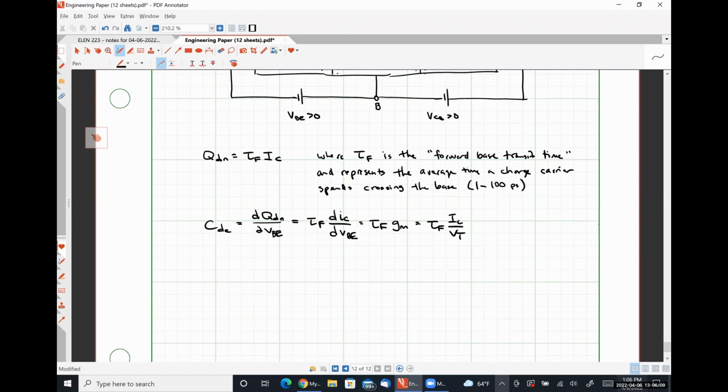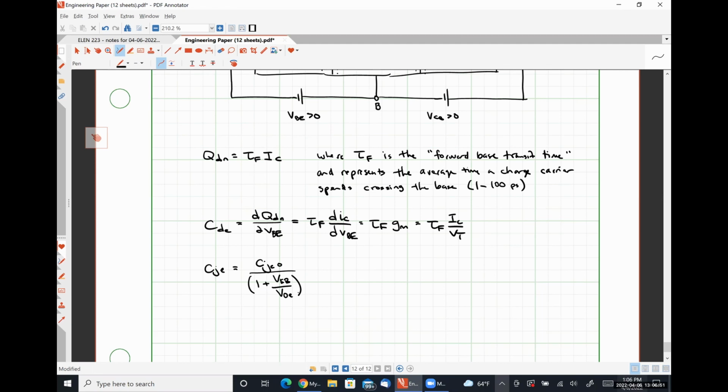So CJE, the forward biased junction capacitance, is CJE naught, the unbiased junction capacitance of the base emitter junction, times 1 plus VEB over V naught E, where V naught E is the built-in voltage of the base emitter junction.